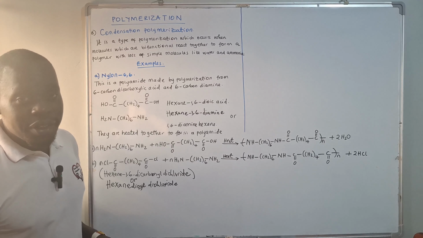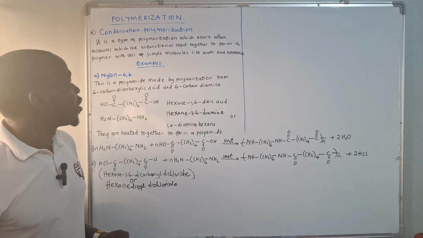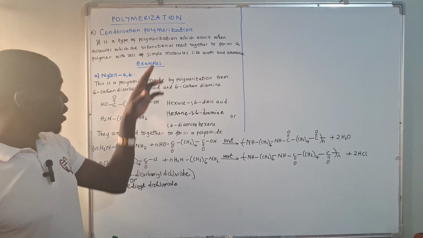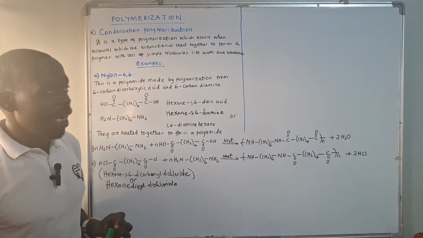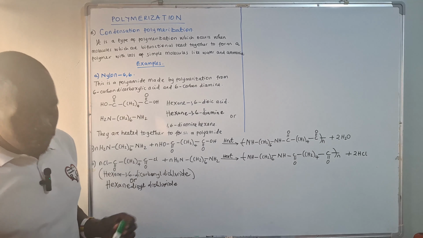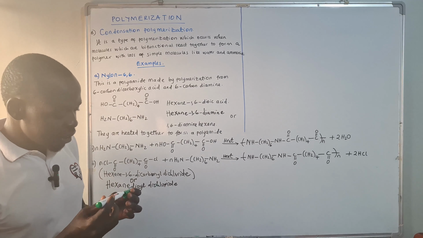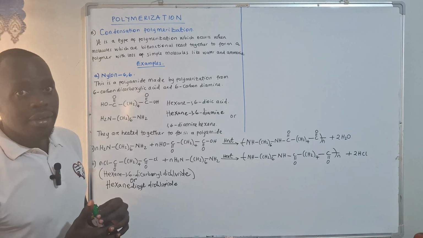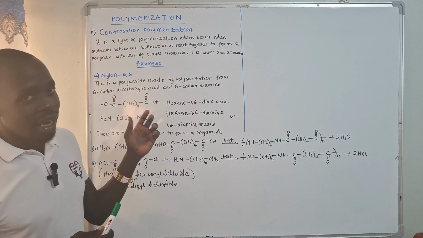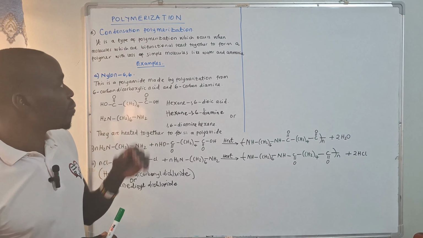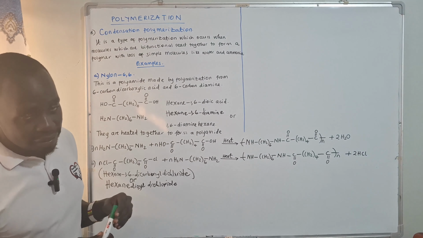Yes, we are continuing with our organic chemistry, and we are in this very topic we call polymerization. We look at polymerization in detail and we say it is simply the process by which polymers are formed from monomers.